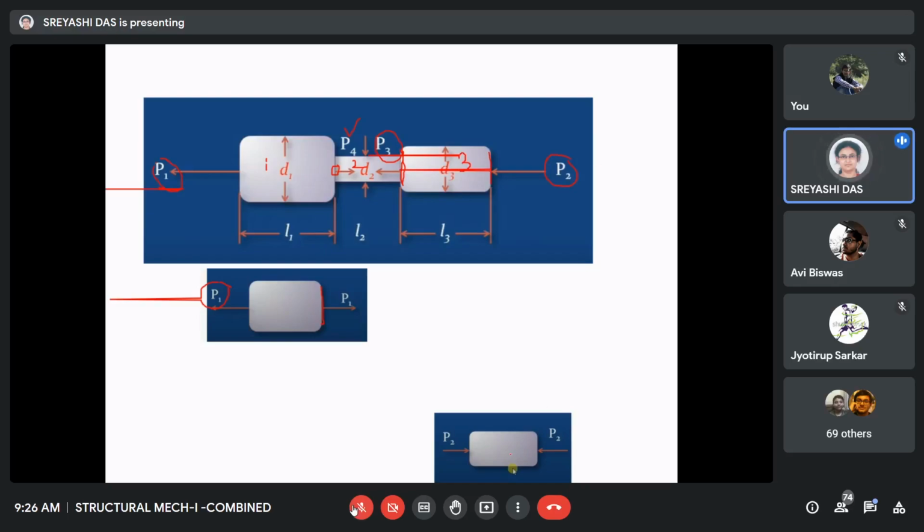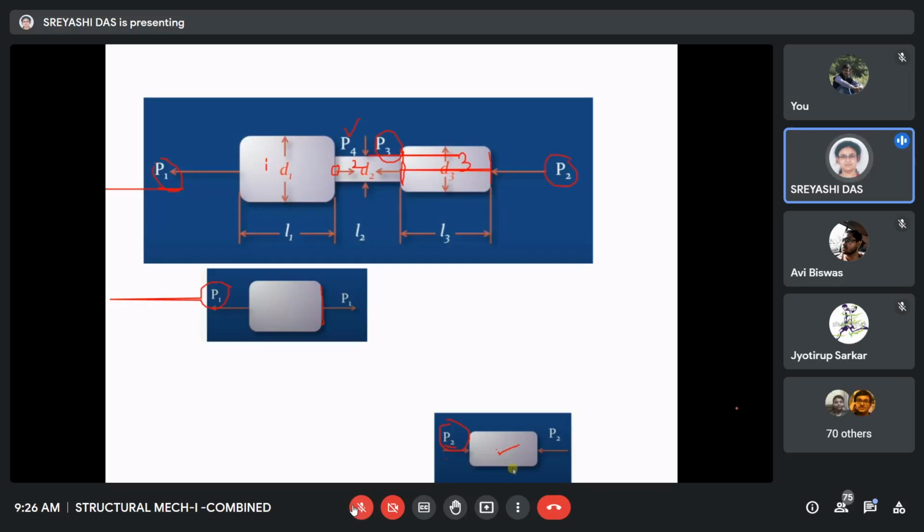For the right part, you see here P2 is applied at the right side. That is a compressive load, an axial compressive load. Obviously, to maintain equilibrium at the left side, a P2 compressive load will act along the same axis in the opposite direction. So the last part is subjected to a compressive load of P2.